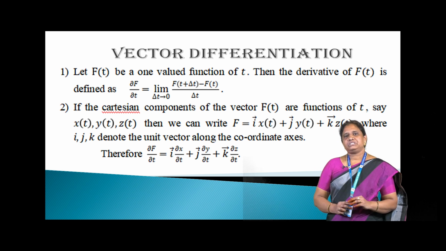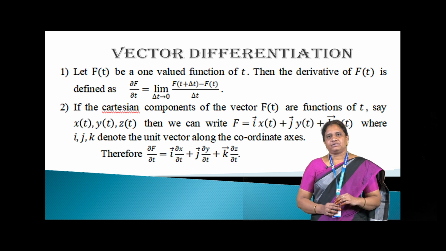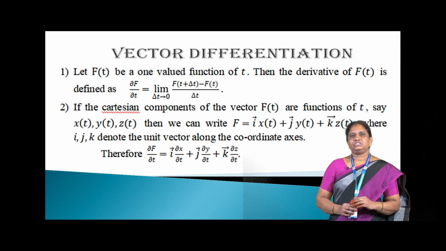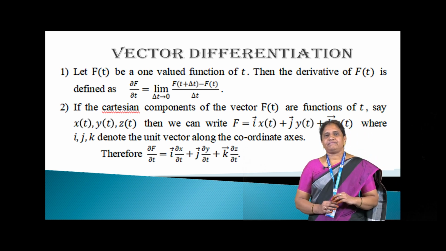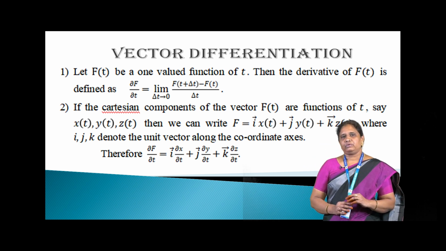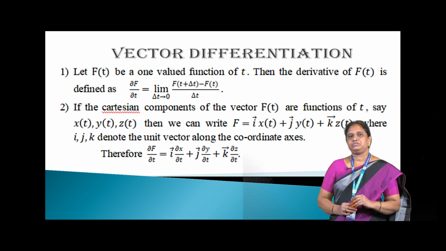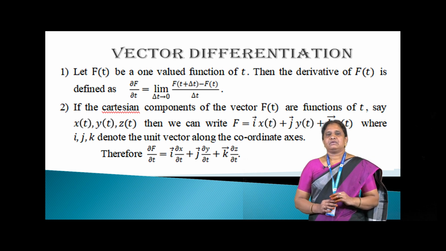And if the Cartesian components of f of t are functions of t, that is x of t, y of t and z of t, then we can write f as i into x of t plus j into y of t plus k into z of t, where i, j, k denote the unit vectors along the coordinate axes. Therefore, ∂f/∂t is given by i vector into ∂x/∂t plus j vector into ∂y/∂t plus k vector into ∂z/∂t.